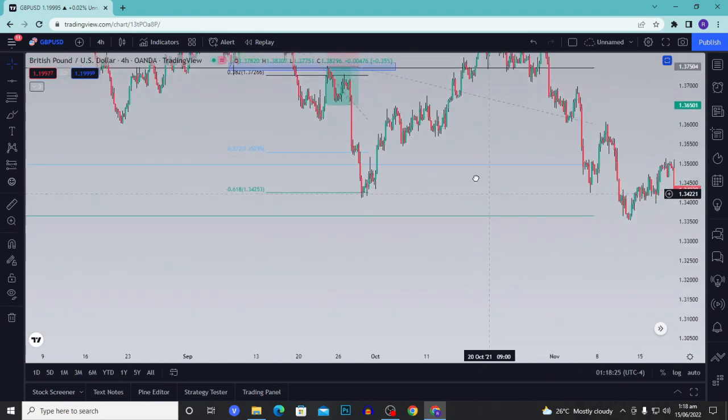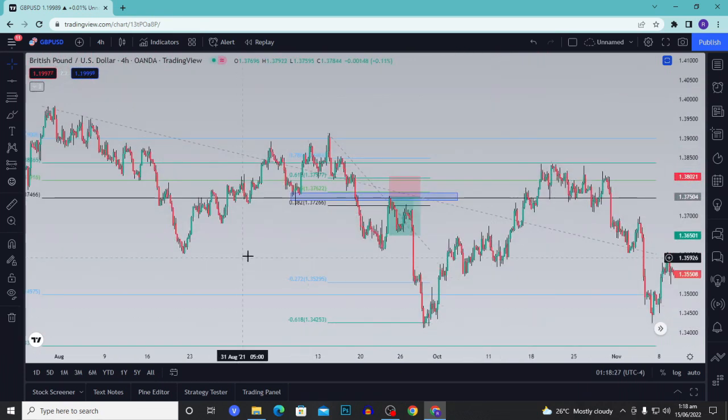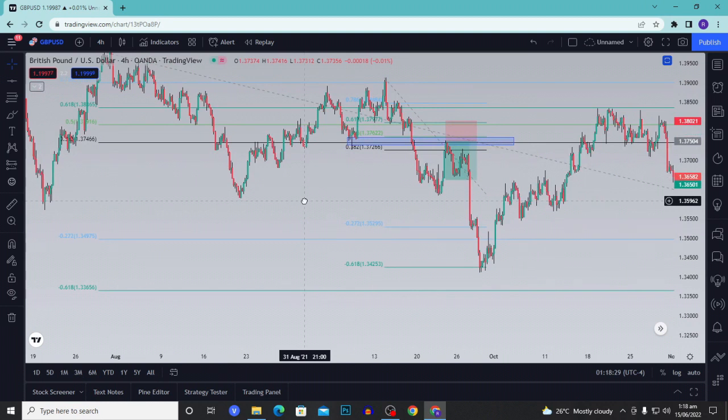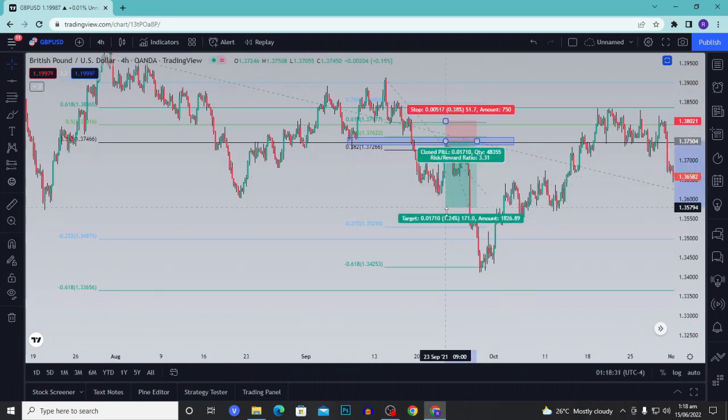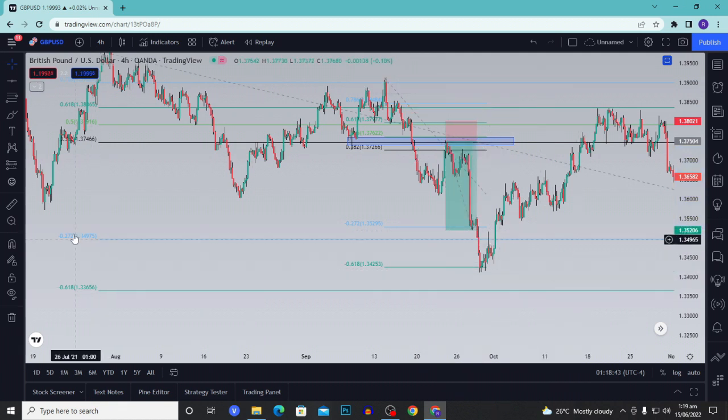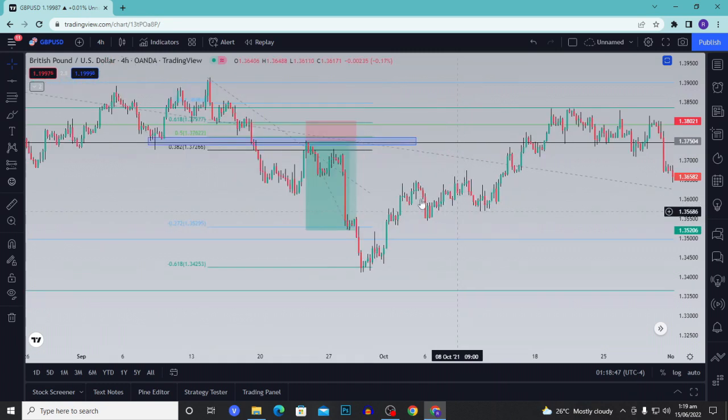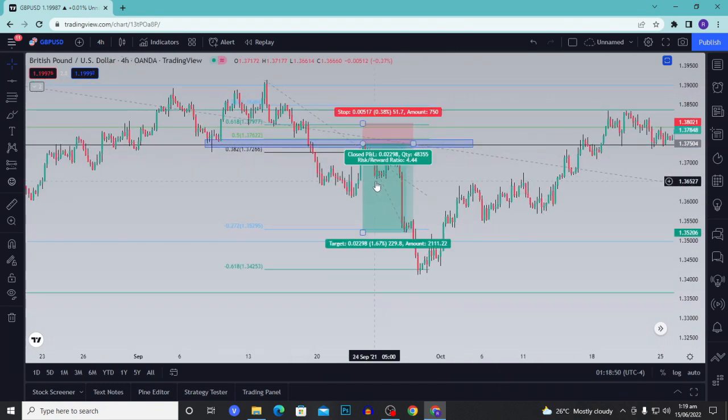So let's look for the, so our take profit is all the way to the 20 right here. All the way here. So our take profit now is 229 pips for a 1 to 4.44 risk to reward ratio. As simple as that.